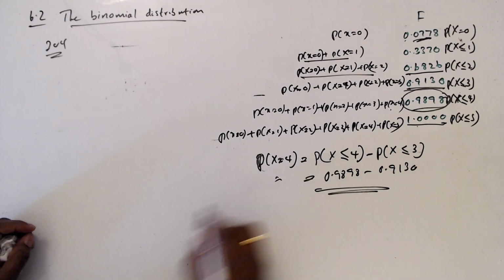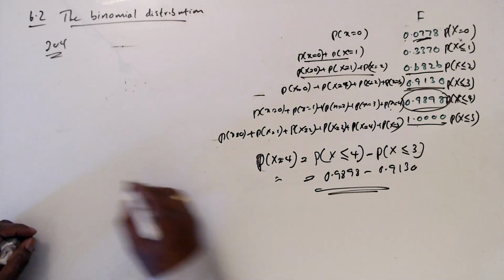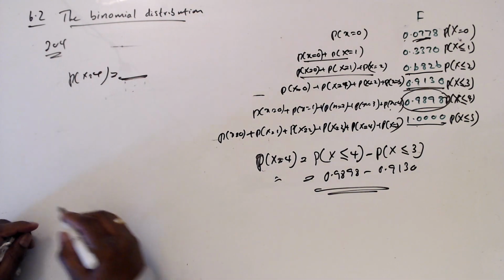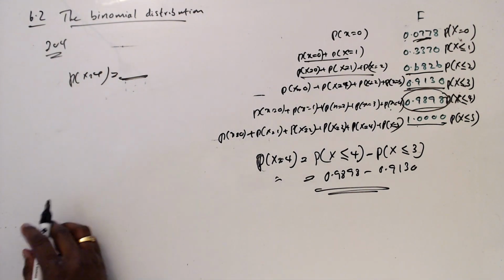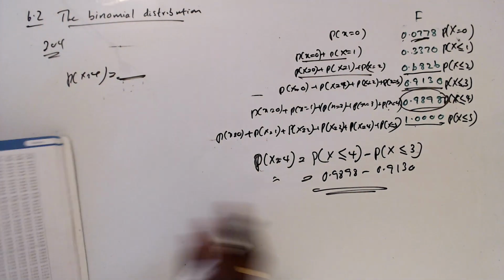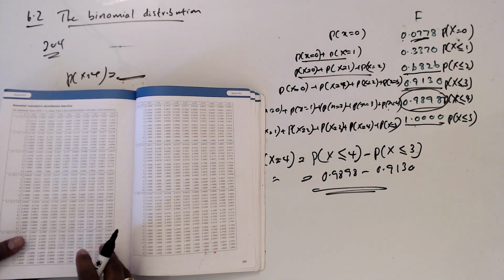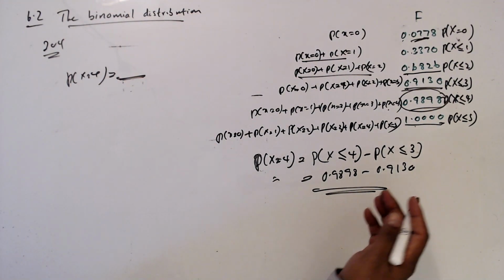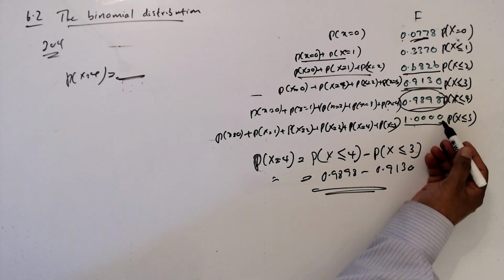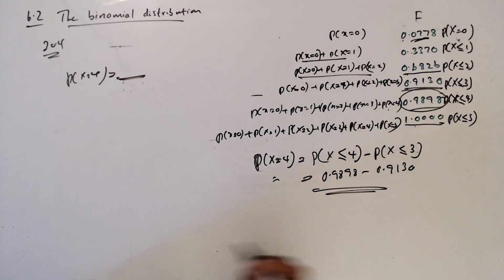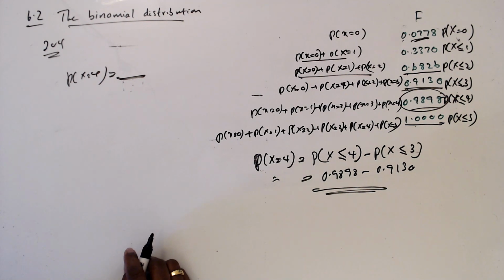From the calculator you can get x equal 4 straight. But if you refer to the table, it is in the cumulative form, so you have to minus that one from the one below.